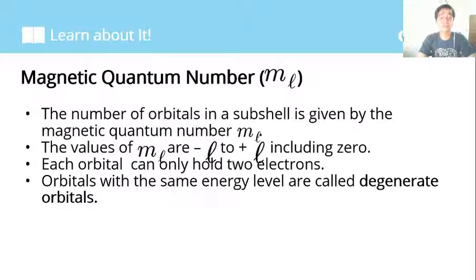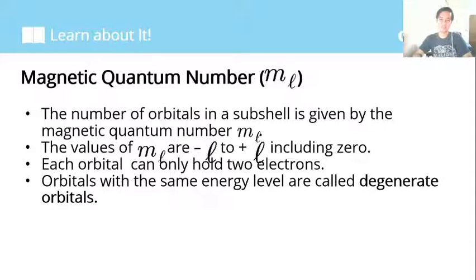Now let's go to the third quantum number called the magnetic quantum number, represented by m sub L. So what do we mean by magnetic quantum number? Again, as said earlier, it's all about the position or the orientation of the orbital. So the number of orbitals in a subshell is given by the magnetic quantum number, m sub L. What are the allowed values for m sub L?